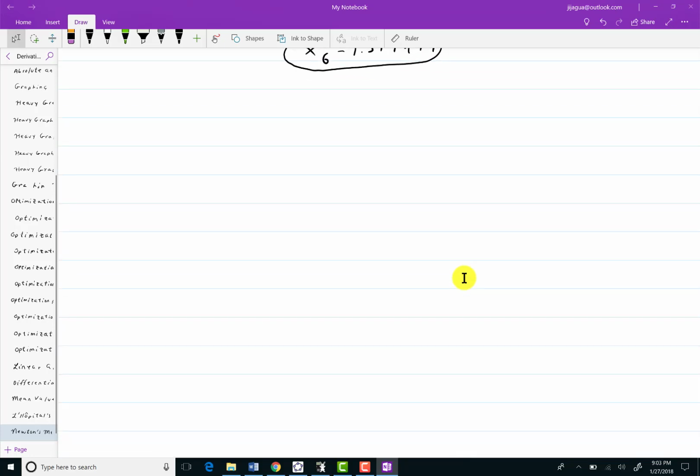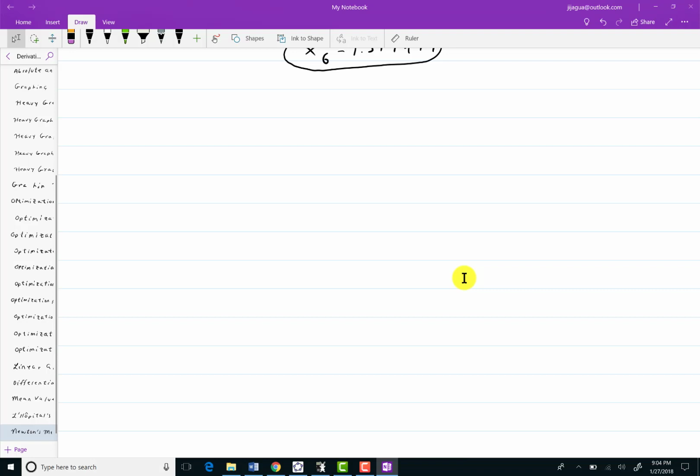Now the last thing I want to mention is just a couple of concerns that you can have with Newton's method. And to be honest, I never ask them on tests or anything. It's just you should be aware of them because you might encounter them in homework or something like that.